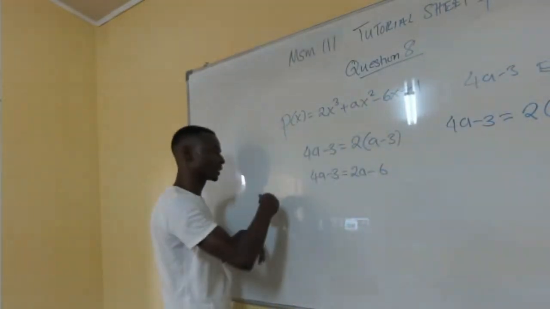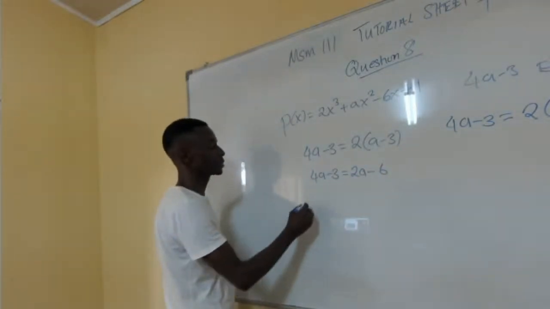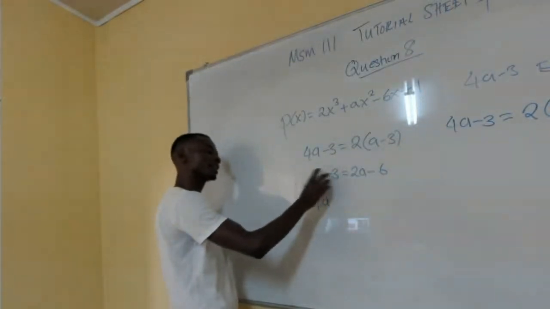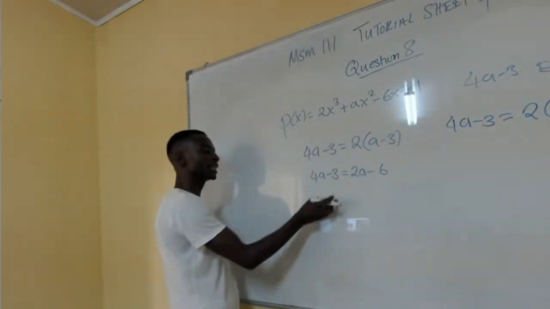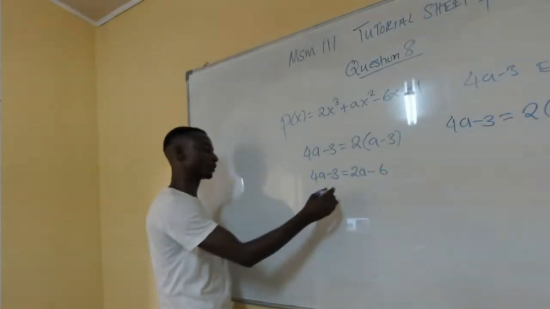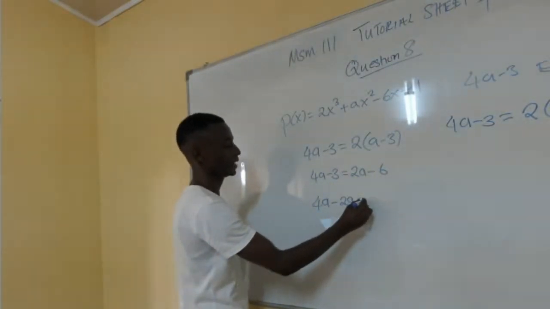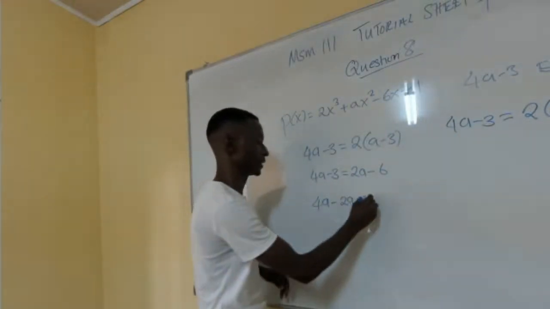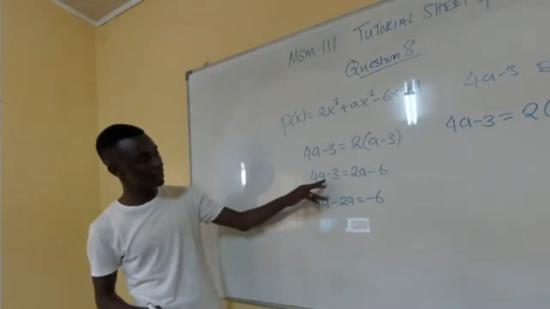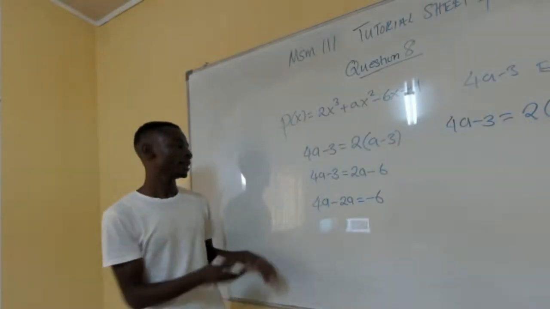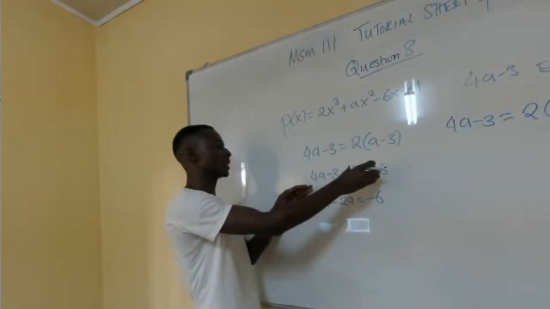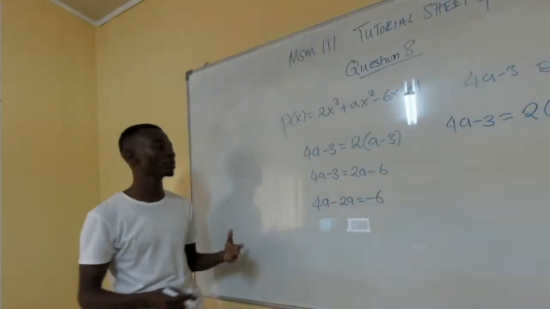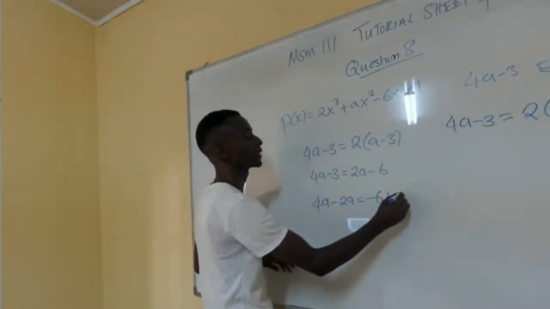So now we have something like this: 4a, and when this 2a crosses the equal sign, since it is positive, it is supposed to be negative this side. So from there you say minus 2a equal to, then negative 6 remains the way it is, negative 6. What happens to this negative 3? This negative 3 crosses the equal sign, so the sign changes from negative to positive. So we're moving something like positive 3 there.